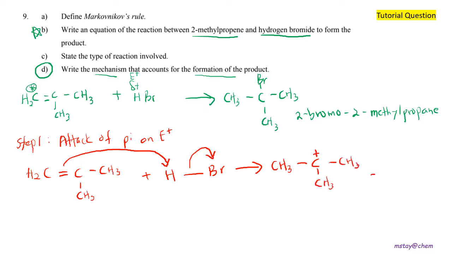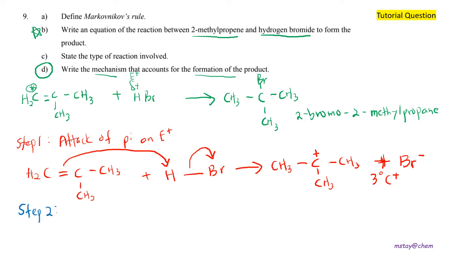This is the tertiary carbocation, which is the most stable, so we do not need to consider rearrangement. Don't forget we still have the other product: when the bond between hydrogen and Br is broken, we still have the Br negative. Now we can go to step 2.